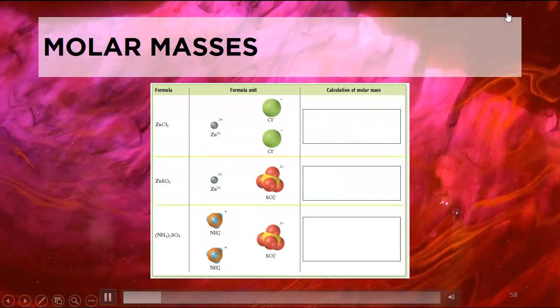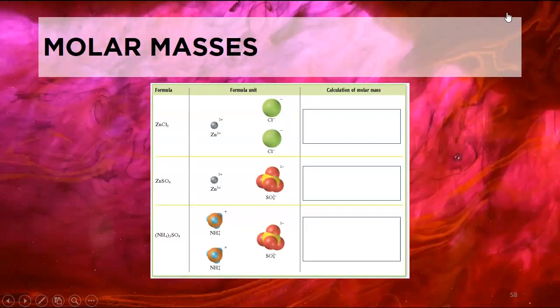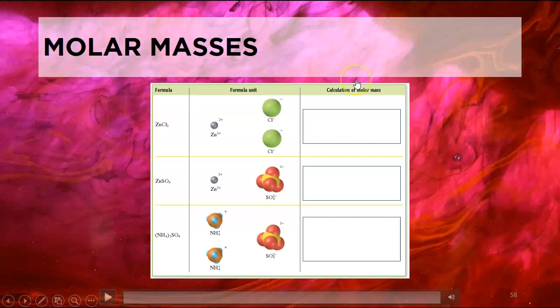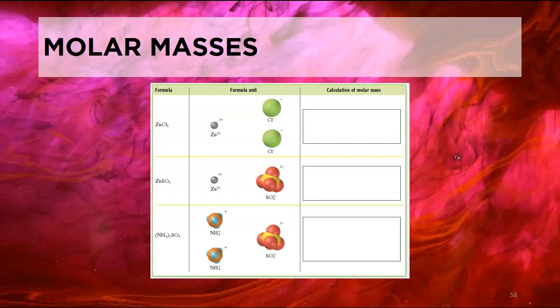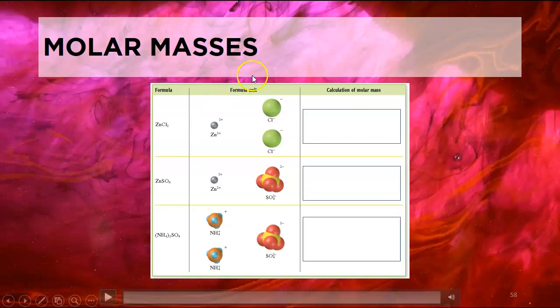So for the remainder of the time, I have 4 molar masses here. Ideally, we would like to be able to figure out these on our own, but I'll walk you through them. So I'm going to go ahead and pause the video here, and you can try those, and then I'll give you the answers to see if you got them, or we'll go through them together if you're still a little stuck.